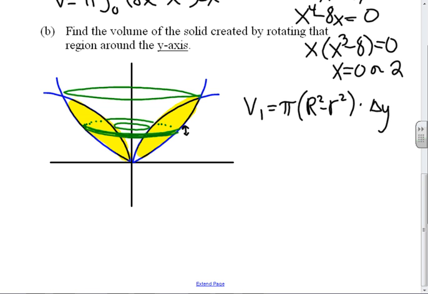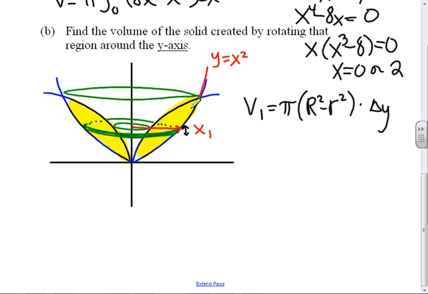Now, what's the big radius? That's the measure from your axis of rotation out to the outer graph. I'll call that x1. That's the parabola. Is that okay? That's the big one. Where's the little one?